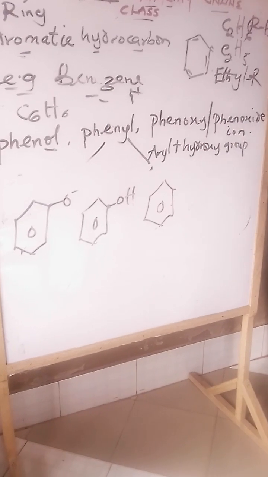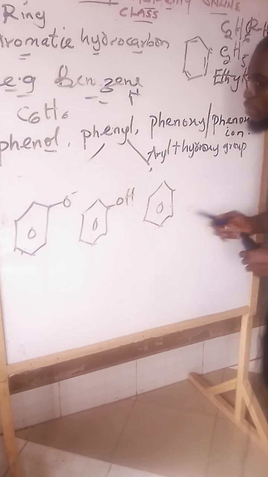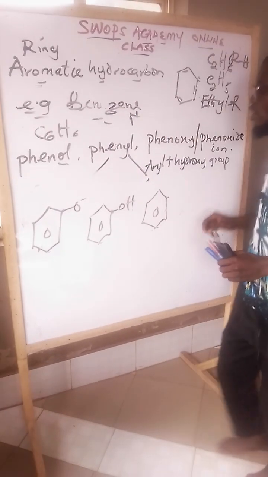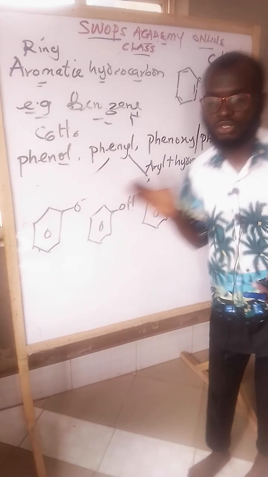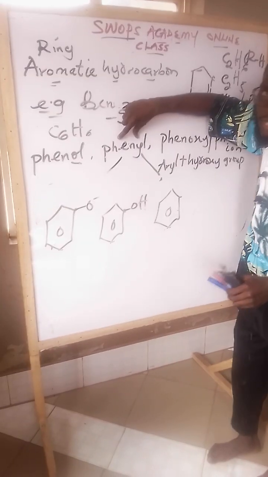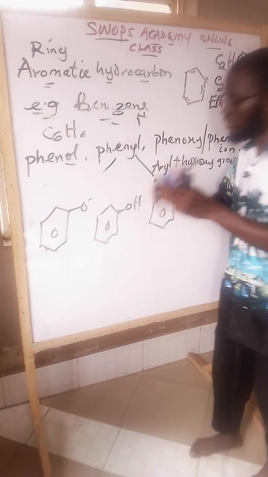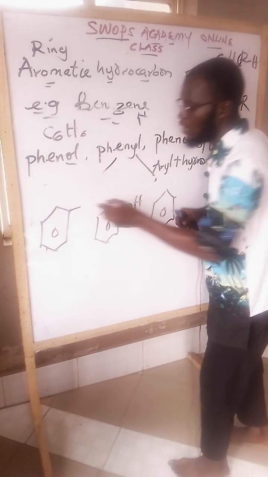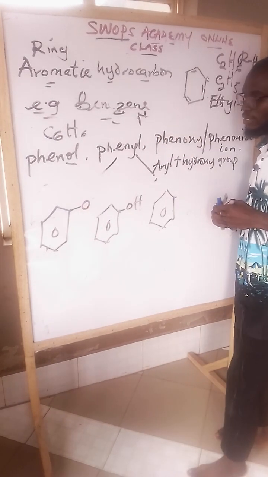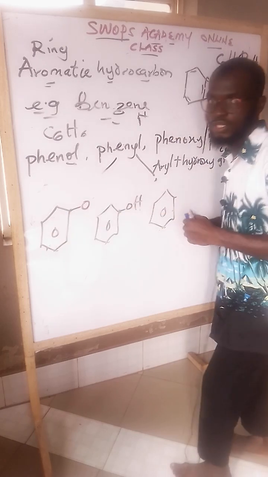Are we together? Phenyl is when we have nothing on them. If oxygen atom is added to phenyl, draw benzene and put the oxygen atom on top like this, all together it is only phenoxy.